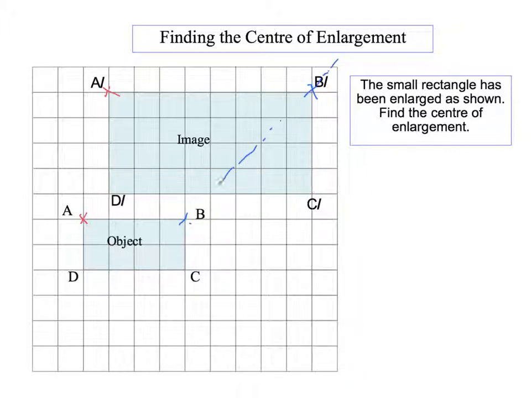So you would be using a ruler. Unfortunately I can't because this is a touch screen, excuse me. And where the lines cross, that is your centre of enlargement. Good luck. I hope this helps you to successfully complete the worksheet.